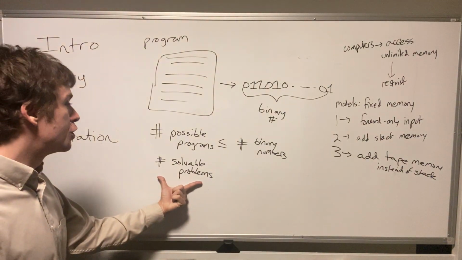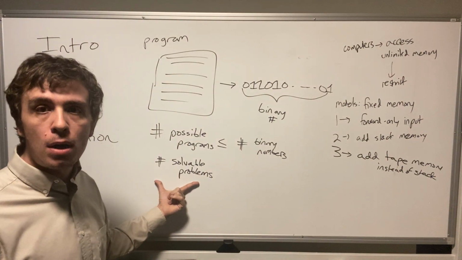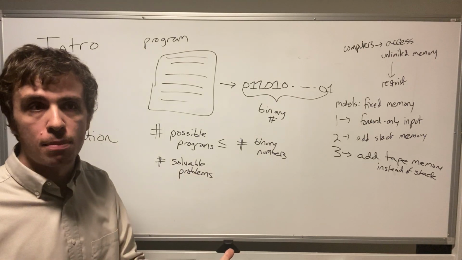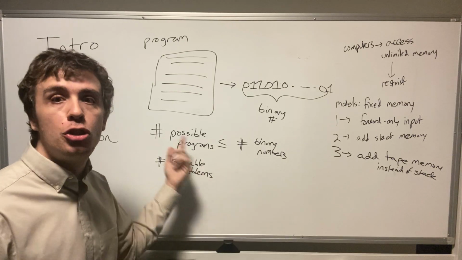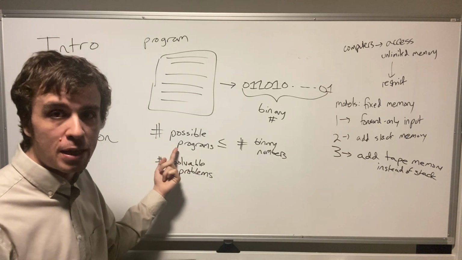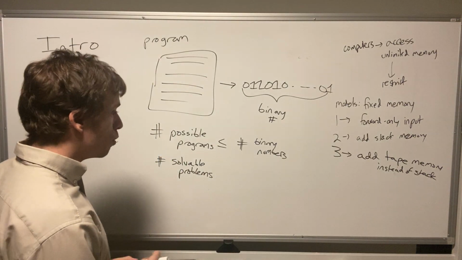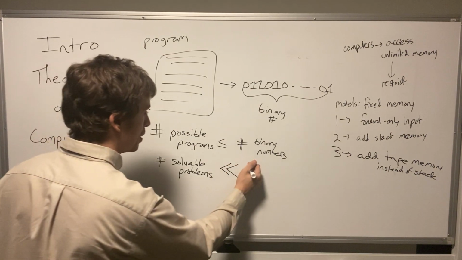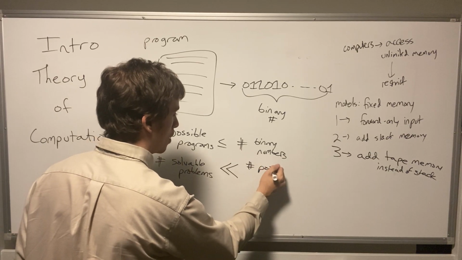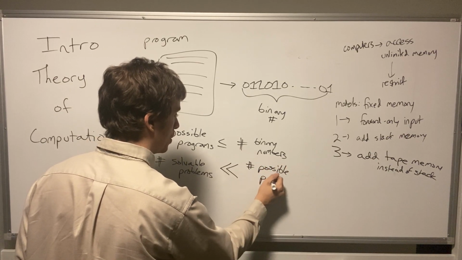If the number of solvable problems is way smaller than the number of possible problems, then clearly there are many problems that don't have a solver for them. They don't have a program for them. So what we're going to show is that this is way, way, way less than the number of possible problems.